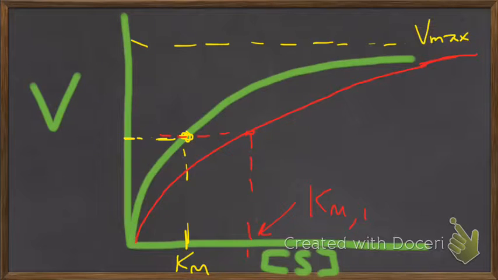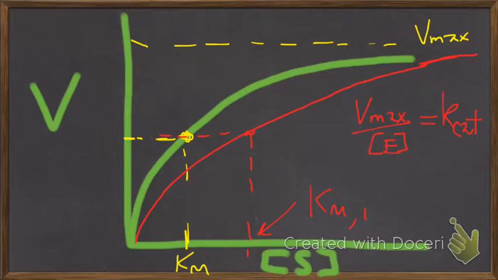The Vmax is the same, and whenever it says how to find Vmax, or how to find Kcat, technically, Vmax divided by the enzyme concentration is equal to Kcat.